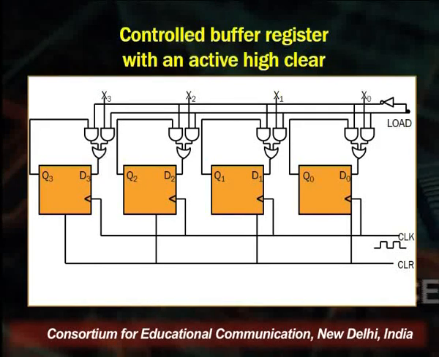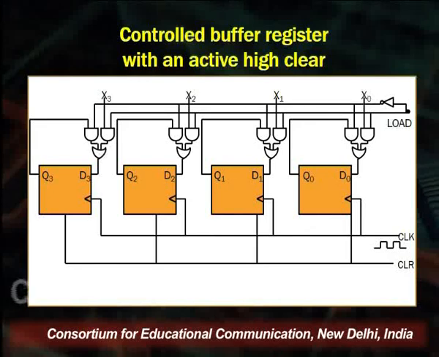So the input of the OR gates would be 0 plus x3, 0 plus x2, 0 plus x1, and 0 plus x0. Hence, the output of the OR gates would be x3, x2, x1, x0, which would be the new data for the D flip-flops D3, D2, D1, D0.